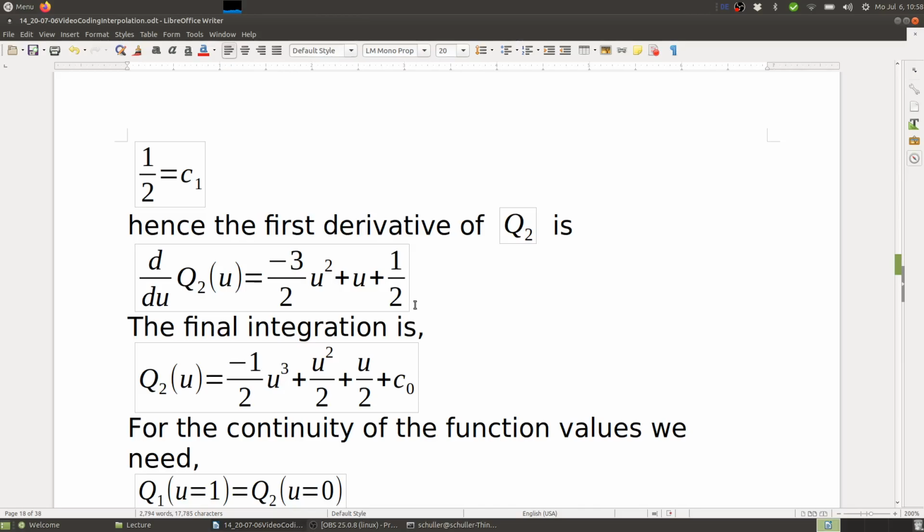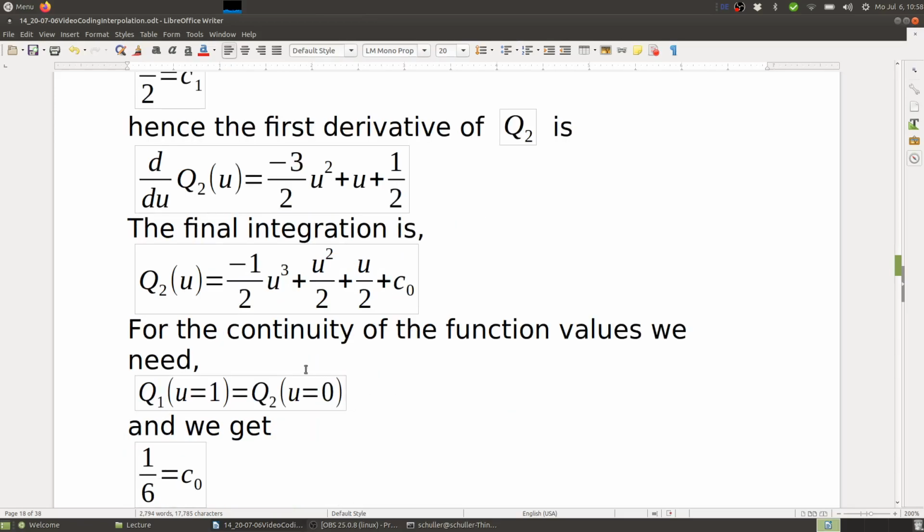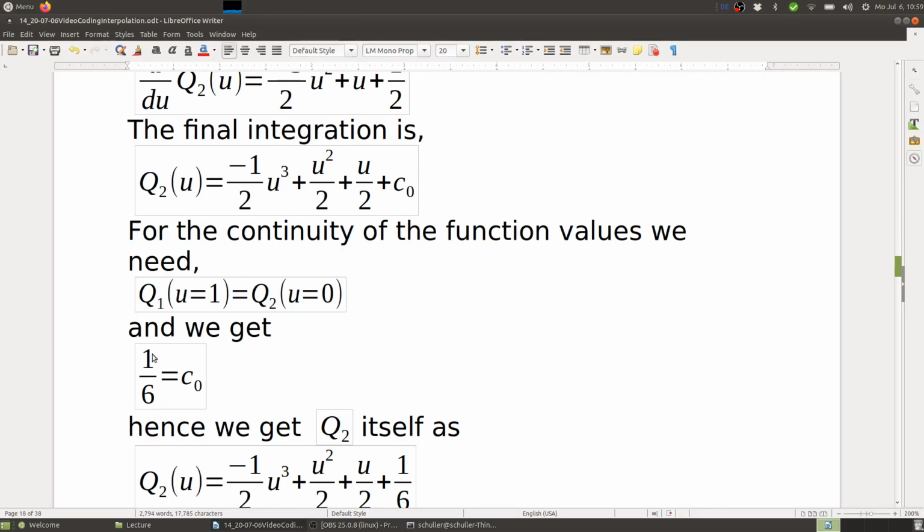So now we can integrate it again to get the final polynomial Q2, now with this integration constant C0. So again, we need to make sure that we have continuity now of the function values on both sides of the boundary. And we get 1/6 equals C0. Right? So this is the value from the first interval.